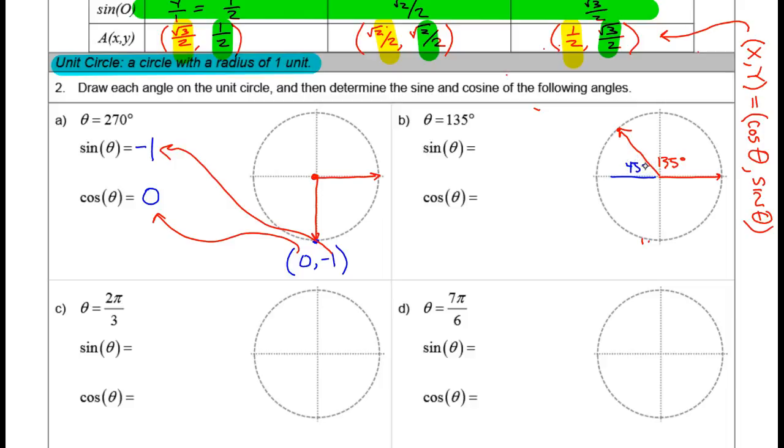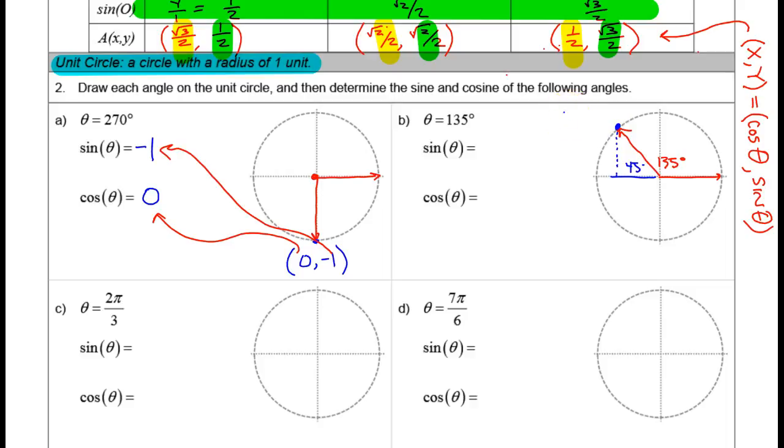So what we kind of have here is a 45, 45, 90 triangle off to the left-hand side in quadrant number 2. We'll use that to our advantage later, but for right now, I want to go ahead and identify the x and y coordinates of this point right here. The x coordinate is going to be negative.